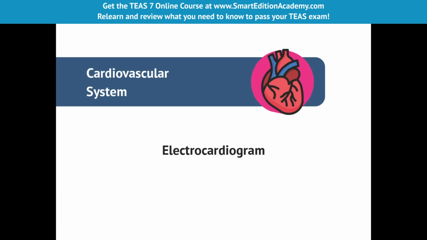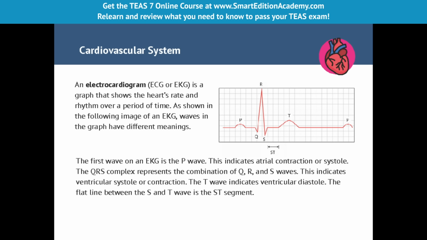What is an electrocardiogram? An electrocardiogram, also known as an EKG, is a graph that shows the heart's rate and rhythm over a period of time. And you can see a picture of an EKG here on the screen.